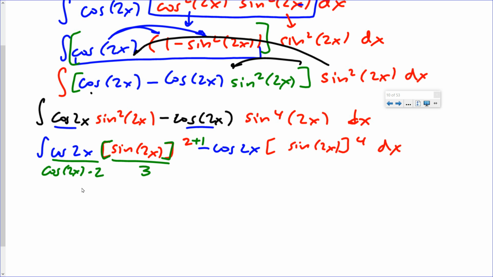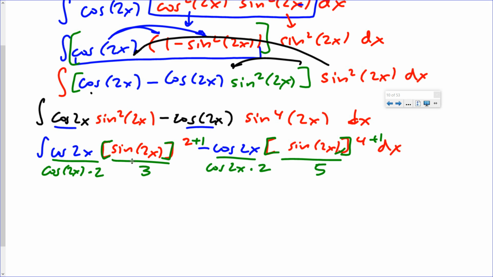You see where I got the 2? And over here, when I make this my u, you add 1 to the exponent, divide by 5, divide by the derivative of your u. What's the derivative of sine u again, guys? Cosine u times du dx, right?